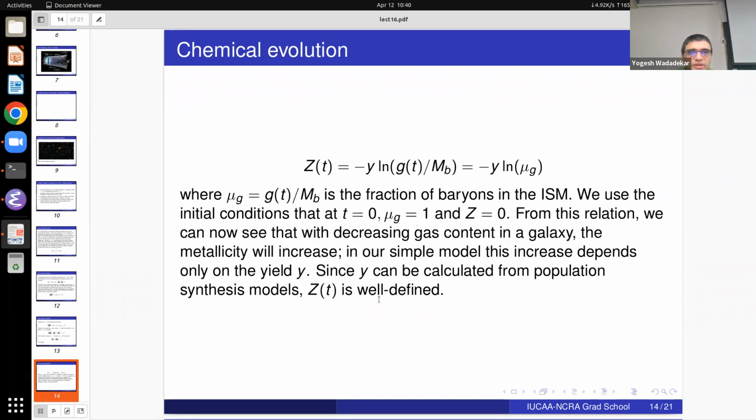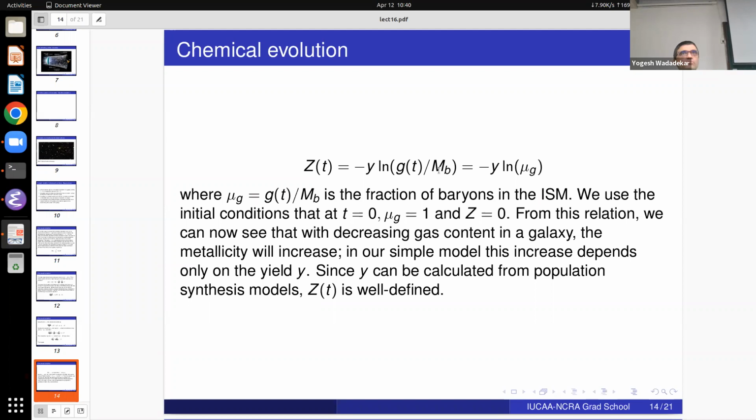And then you can write z of t as minus y log of gt over the mass in baryons, which is equal to minus y log of a parameter called mu g, which is basically just this. Okay. The mass in gas divided by mass of the baryons is the fraction of baryons in the ISM.